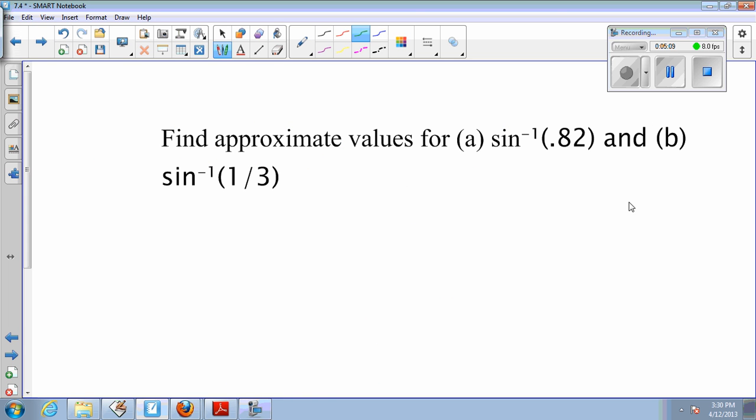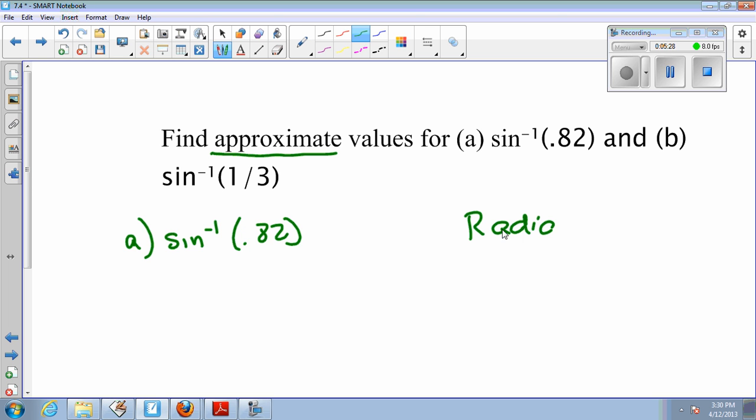Find approximate values for A, inverse sine of negative 8.2. Because it's saying approximate values, that means we can plug it into the calculator. And please make sure your calculator is in radians, not degrees.